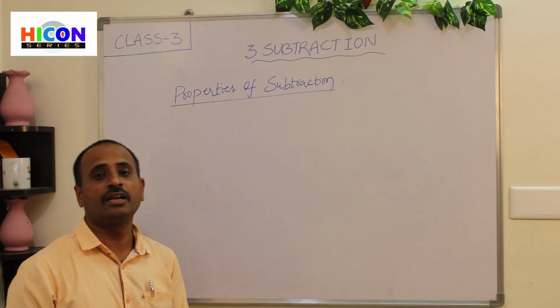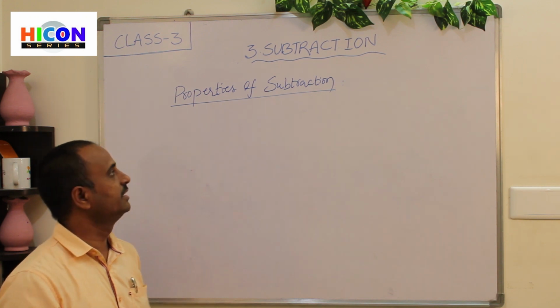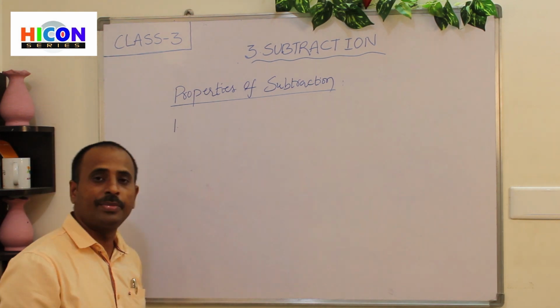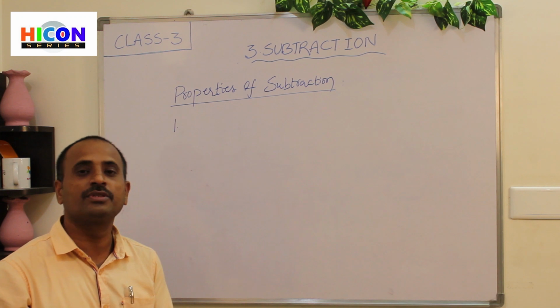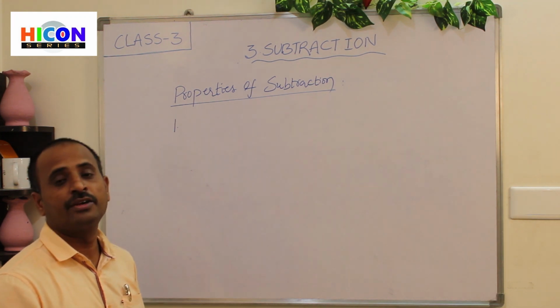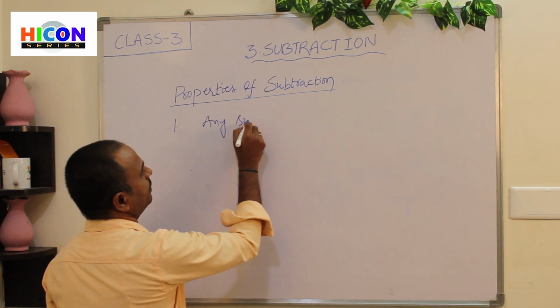So let us recall once again what are the properties of subtraction. Let us see the first property of the subtraction. If any number is subtracted from itself, the answer becomes 0.